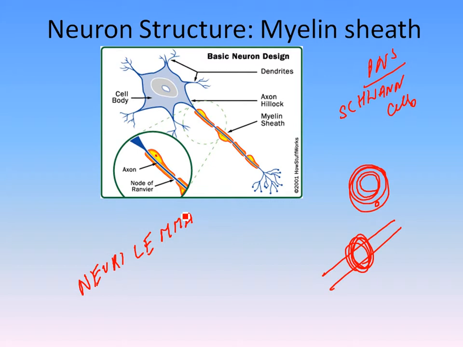The inner membrane, so if this is the axon, the membrane out here is rich in a fatty substance called myelin, which is at a higher proportion than other membranes. So therefore, this inner sheath will be called the myelin sheath. The outer part of the Schwann cell, which has the nucleus and the cytoplasm, will be called neurilemma.